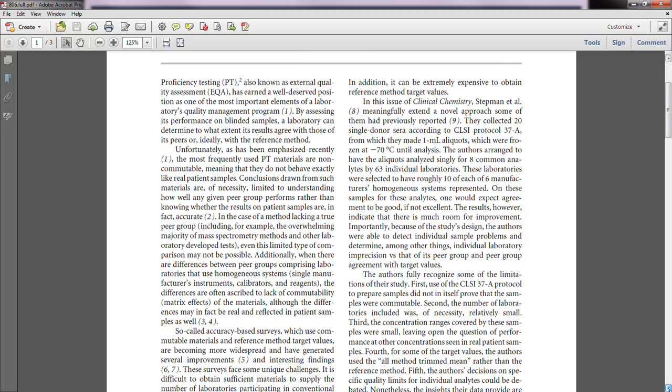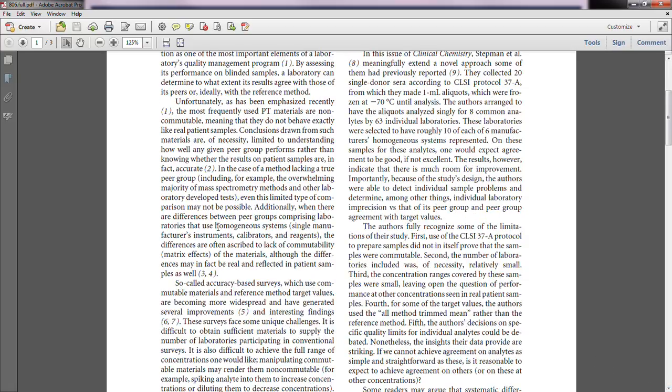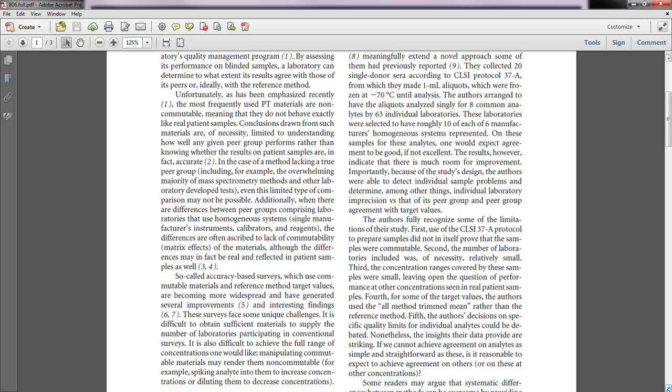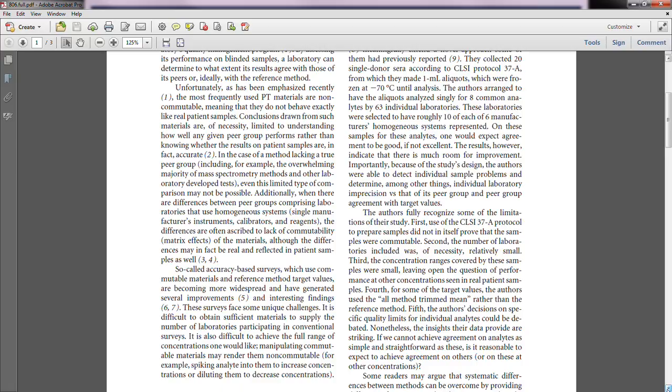And often there are differences between peer groups comprising laboratories that use homogeneous systems. There are things called accuracy-based surveys, which use commutable materials and reference method target values. They're becoming more widespread. The problem with these is that it's difficult to obtain enough sample to supply all the laboratories, because it's just a limitation of the volume of sample that you can get.